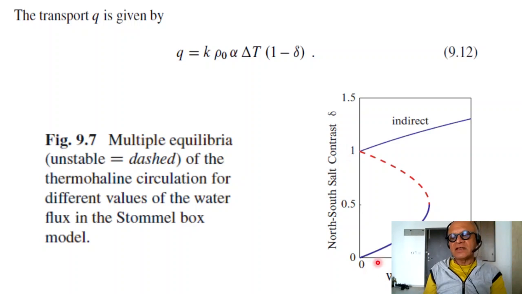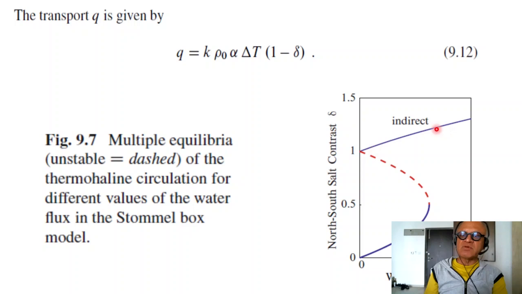And you can see that there is a direct circulation here where water is being taken out of the warm box and moved to the cold box. And in this range of salinity contrast, you can have an unstable solution where the flux reverses back very rapidly and the solution goes to the indirect circulation.